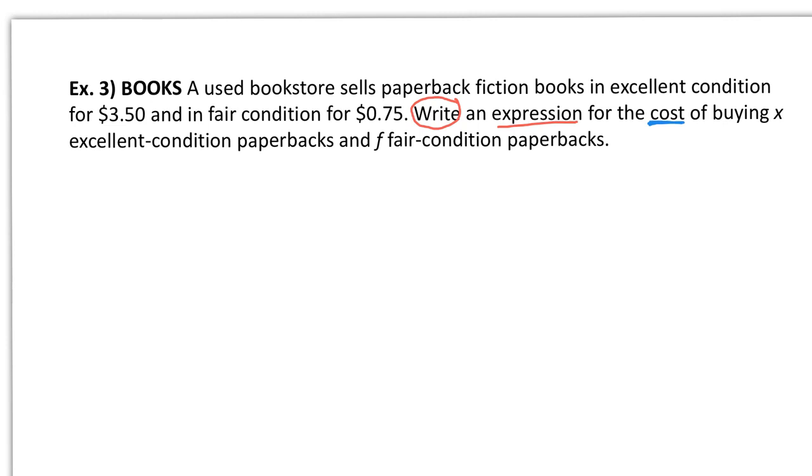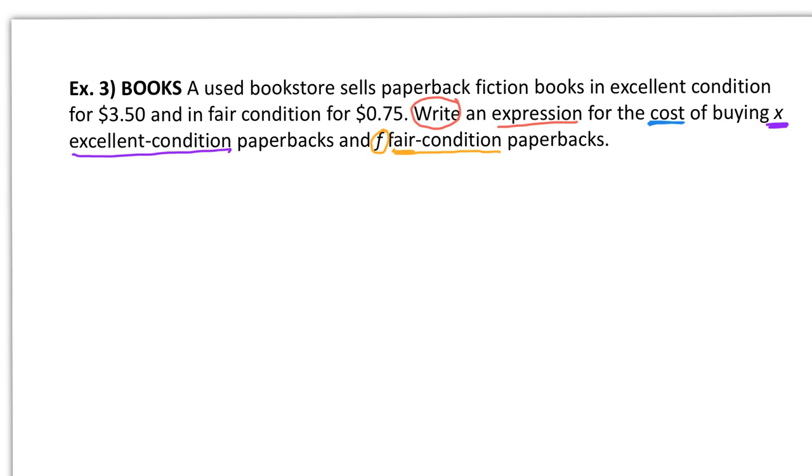And we have two types of books, and they actually give us the variables that represent those two types of books. So we do have the variable X. X is excellent condition, and we also have the variable F, which means fair condition of those paperbacks. So let's go ahead and make sense of the problem.